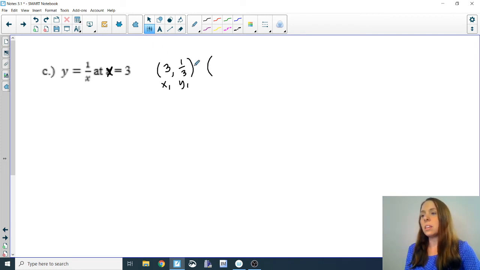I just feel like this is a good starting point, because it is not so scary. It's like, I just need to set up my ordered pairs and then show the slope between those 2 points and do the limit as h goes to 0. And okay, I can do that, right? This is just a process. 3 plus h and 1 over 3 plus h are the coordinates of the second ordered pair.